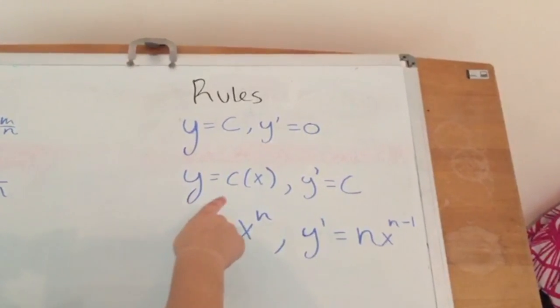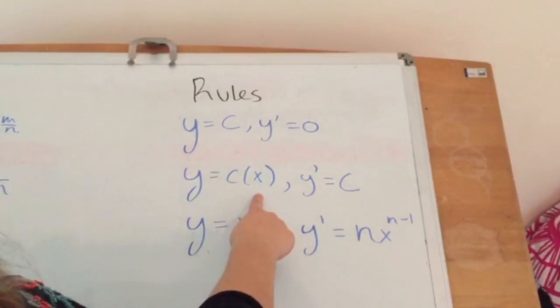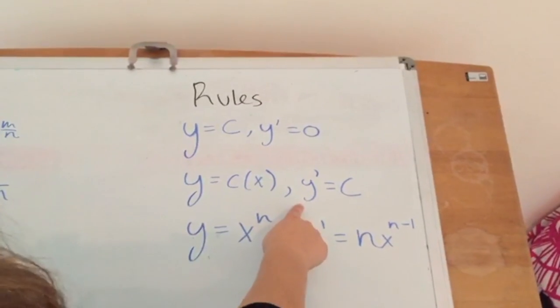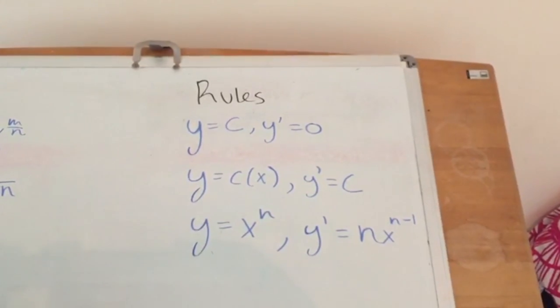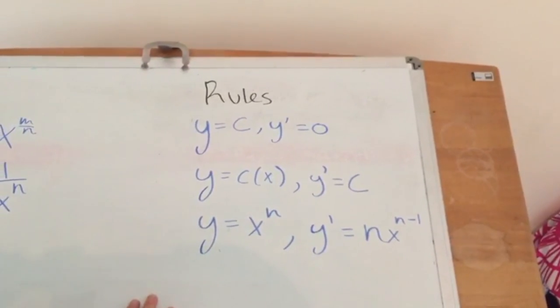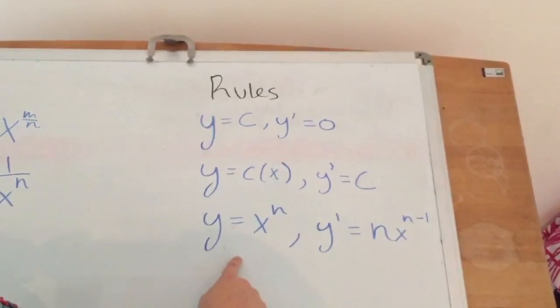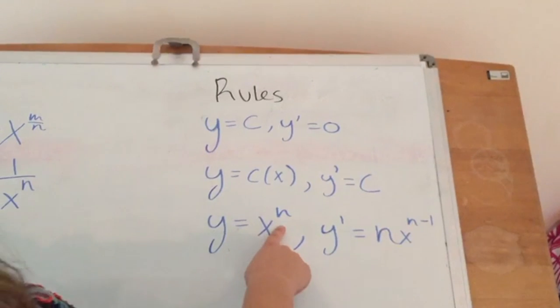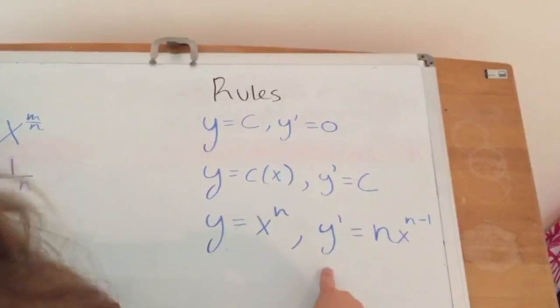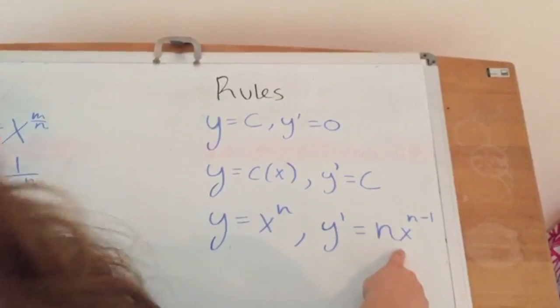If y equals a constant times x, y prime will equal only the constant. And finally, if y equals x to the n, then y prime will be nx to the n minus 1.